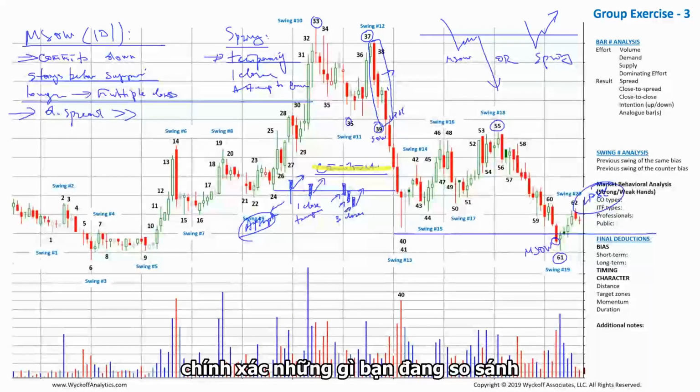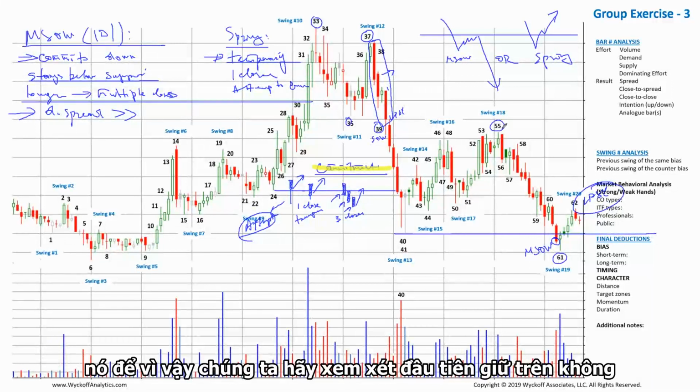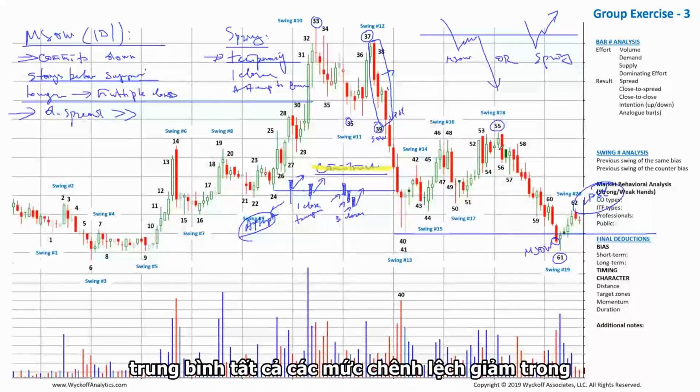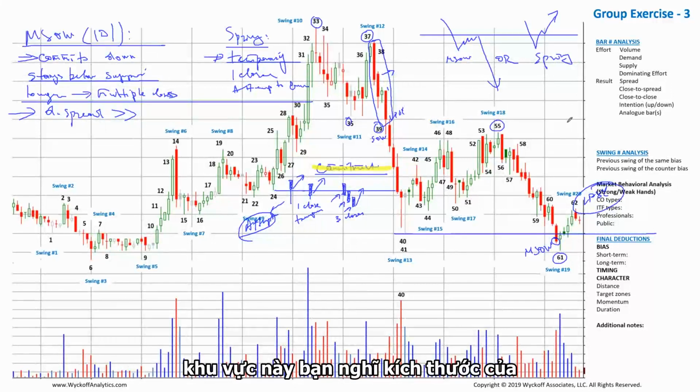Okay, where exactly? What are you comparing it to? So let's look first. Hold on. Don't rush. This is very valuable. What spread are you looking at, the downward spread from 55 to 61? If you would average all of the downward spreads in this area, what do you think the size of the downward spread would be?